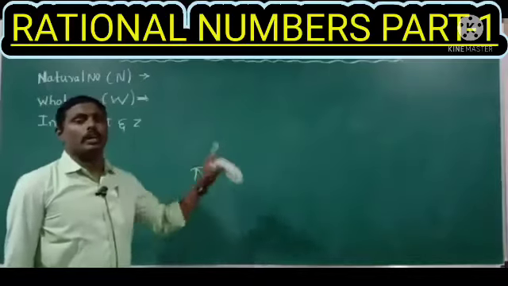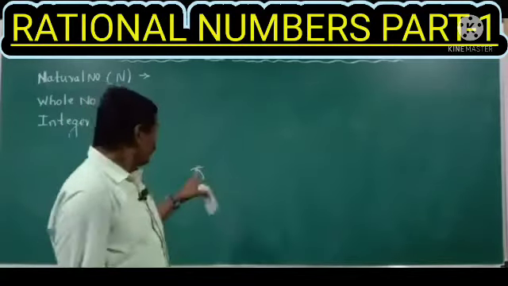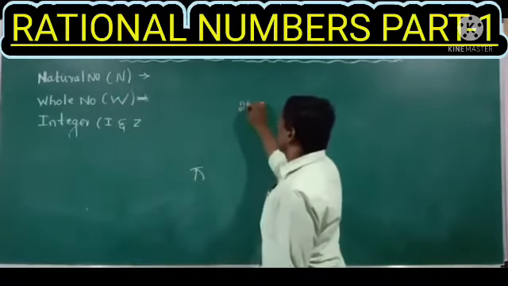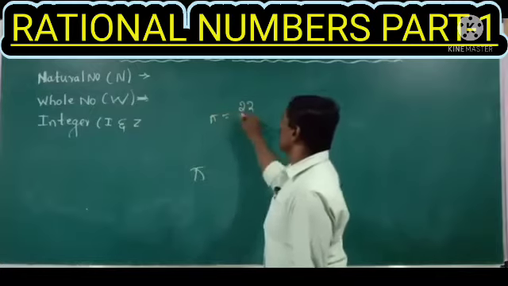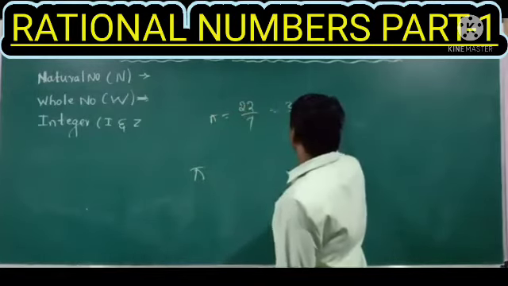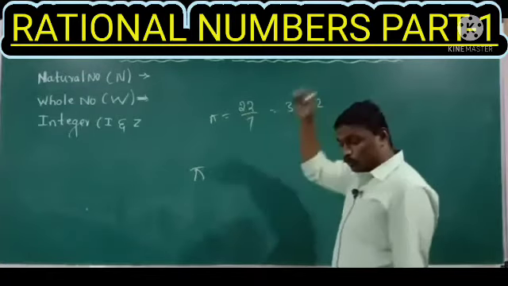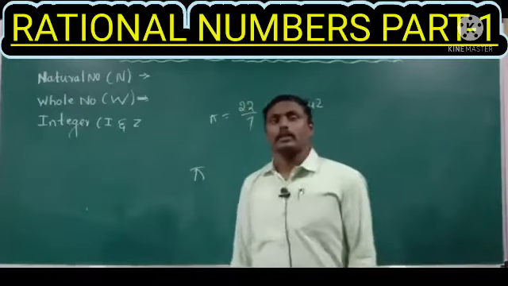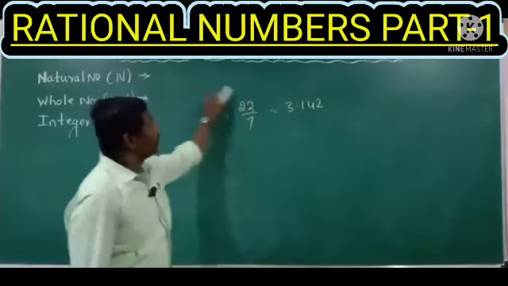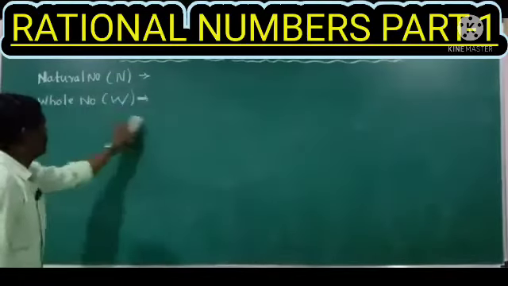One more Indian mathematician, Ramanujan, worked on the value of pi. As we know pi is nearly 22 by 7 and its value is 3.142. He calculated the decimal places up to millions, right? So this is the history of rational numbers and irrational numbers.